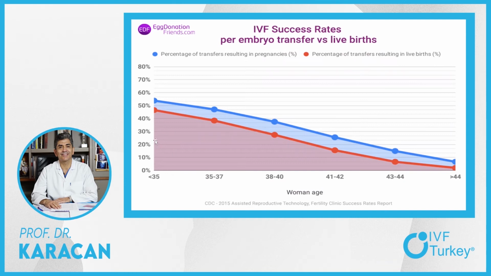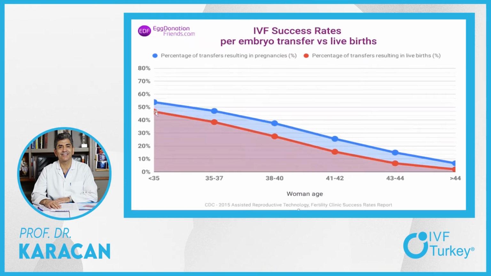Again, the success rate throughout the world is about 40-45%. This is the live birth rate at age less than 35. At 35 to 37 it goes down to 40%, and around 43, it's less than 10%. Please pay attention to this significant drop in pregnancy and live birth rate.